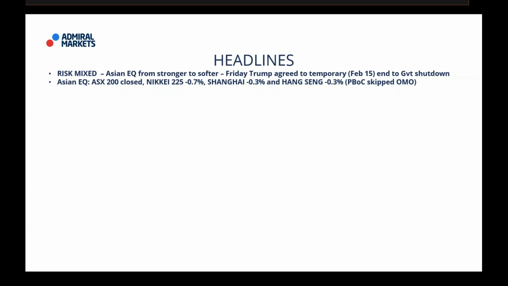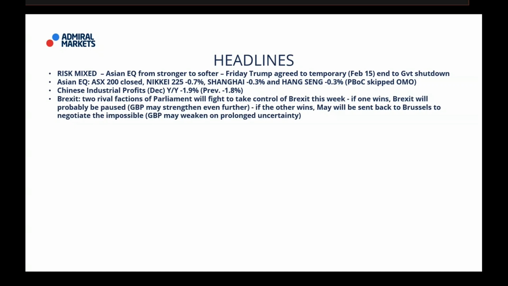Then we had Shanghai and the Hang Seng red by about 30 basis points, also due to the fact that the People's Bank of China skipped their OMO, their open market operations, i.e. they did not add any liquidity into the market, and we saw some renminbi appreciation overnight. We also saw a consecutive decline in Chinese industrial profits, which then led to Aussie dollar seeing a little bit of weakness later in the Asian session.